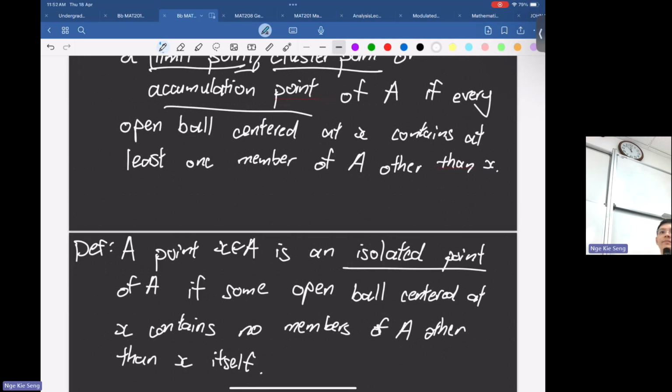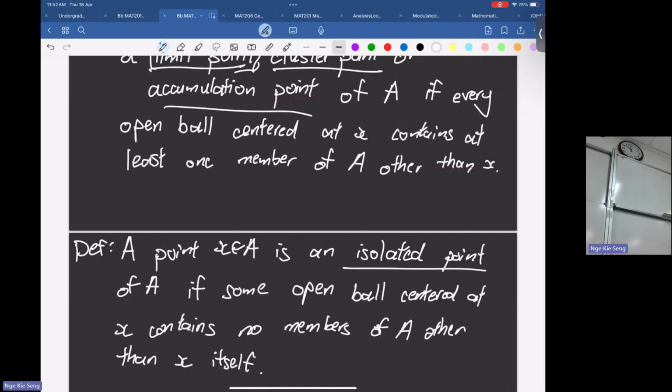Why don't you use the limit point definition we used to have, but you use this definition? Which definition? For every epsilon, you are a point and then you have a sequence of points. It's another equivalent definition.